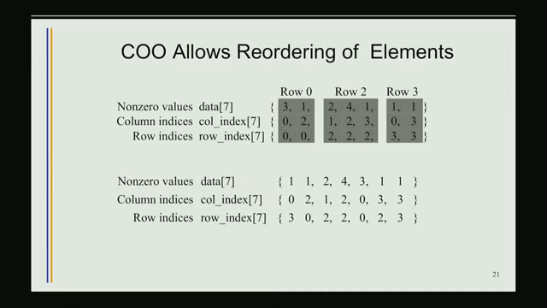As long as I grab some data, I know what to multiply it with, right? I know that, okay, the data is 2, it belongs to column index 1, row 2, so I know which x to go and find to multiply it with. It's going to be x2.